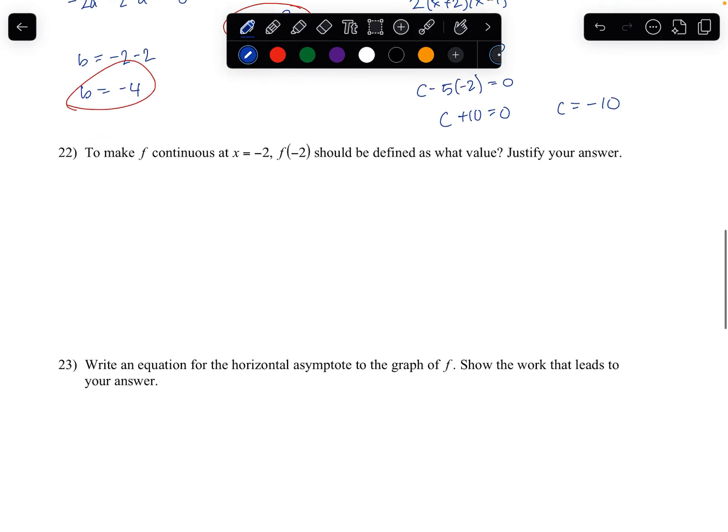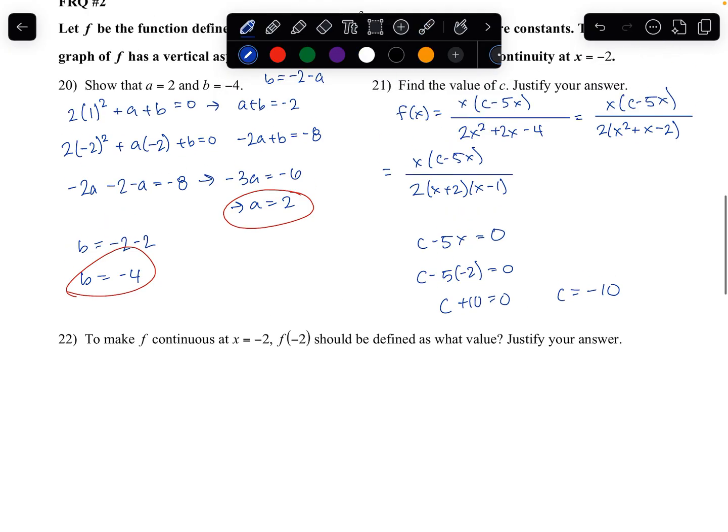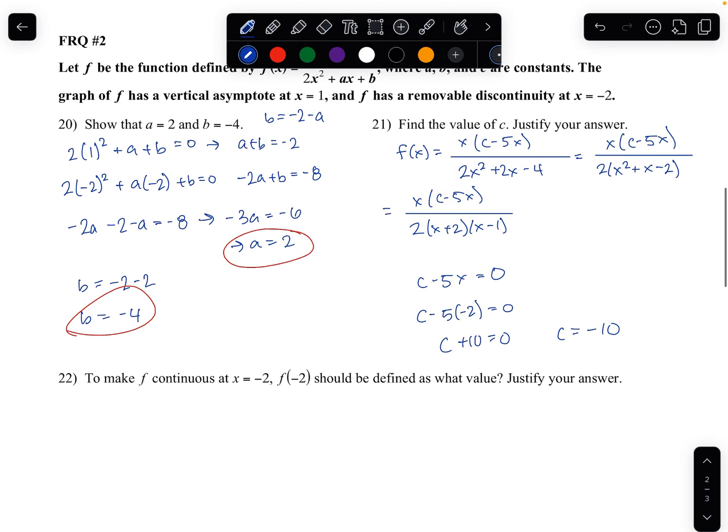Let's go to 22. To make f continuous at -2, f of -2 should be defined as what value? So this is where the removable discontinuity is. And now that we've established what c is, let's say we take f of x. Since we know that it's the hole, we could even just say this. So f of x is equal to, since it's a hole, those will cancel out right there.